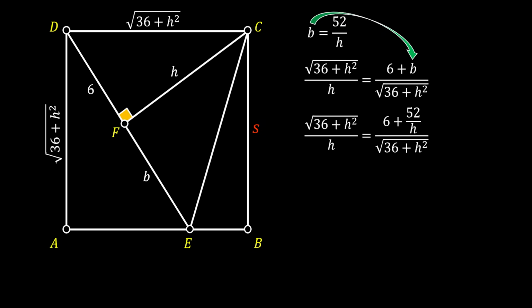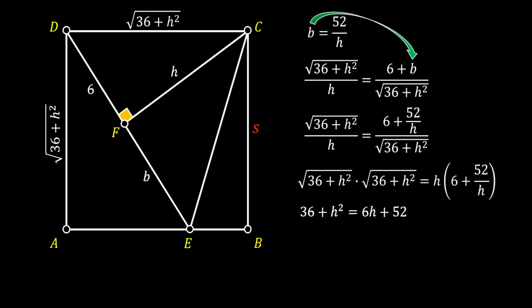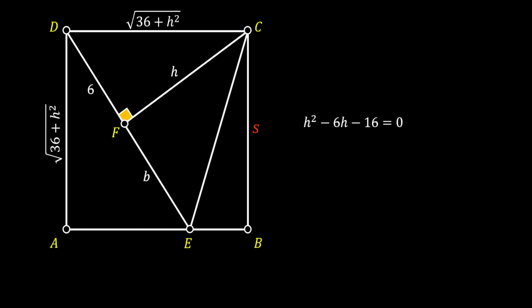Now let's solve this one. First, we're going to cross-multiply it, and then we're going to get rid of the square root on the left side, and we're just going to do some multiplications on the right. And finally, if we put all our terms on the left side of the equation, we're going to be left with this really nice quadratic equation.